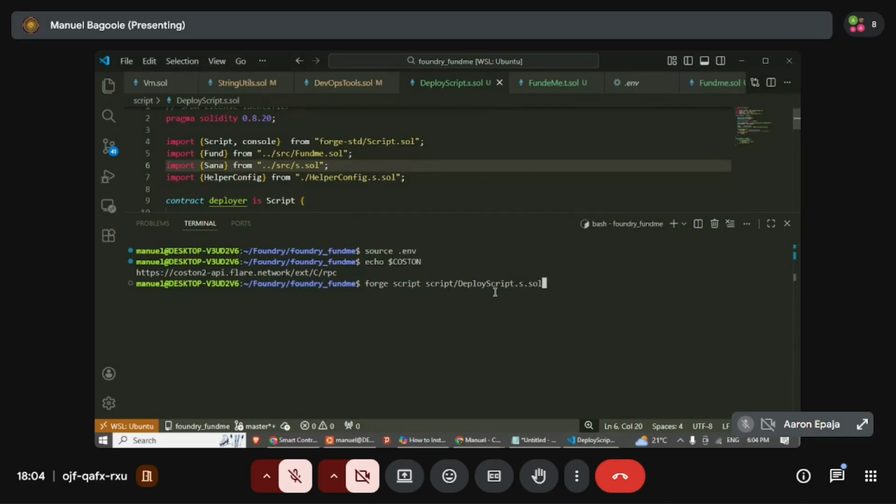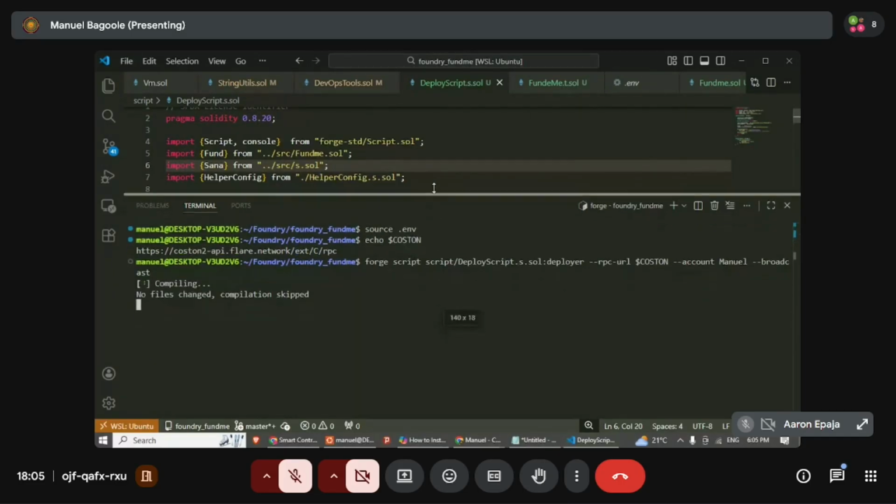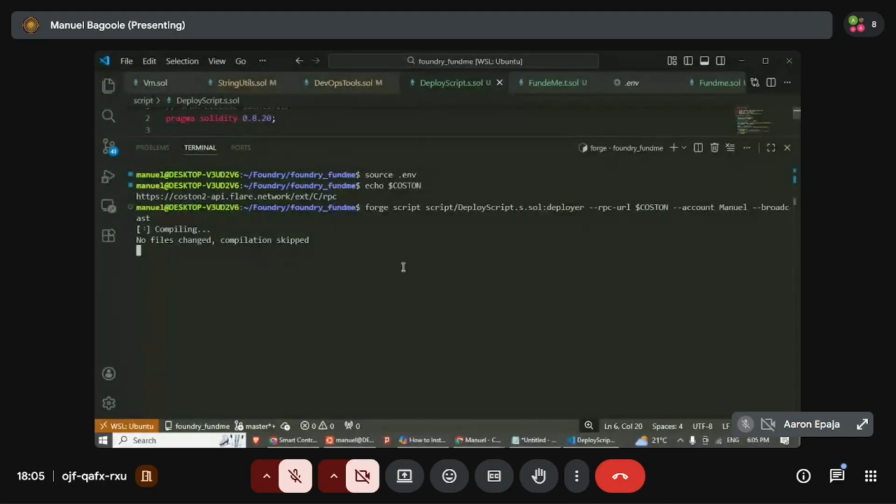So this is one of the frameworks that we'll be using for writing smart contracts and testing them. After this deploys, it's going to display something for us here.